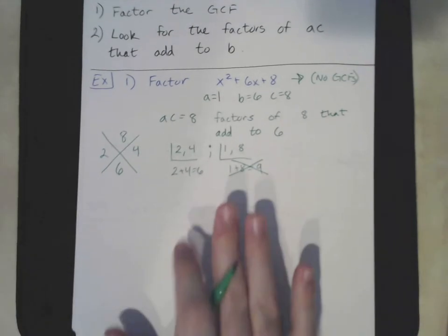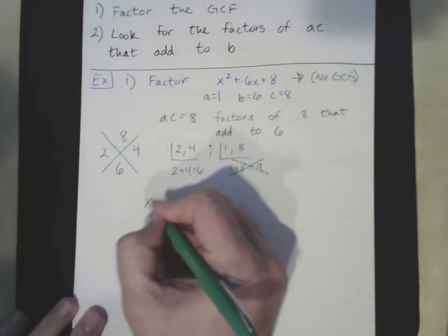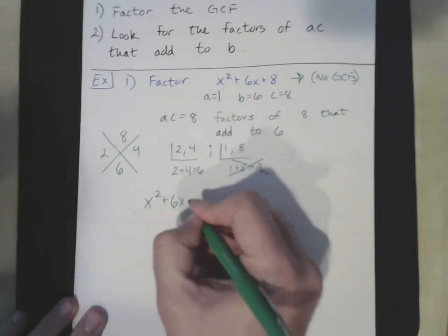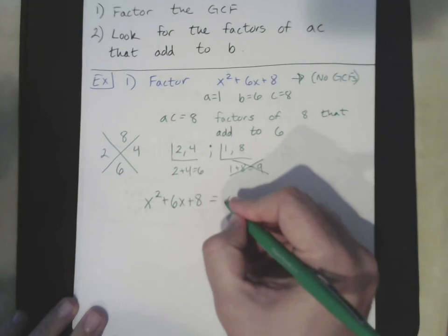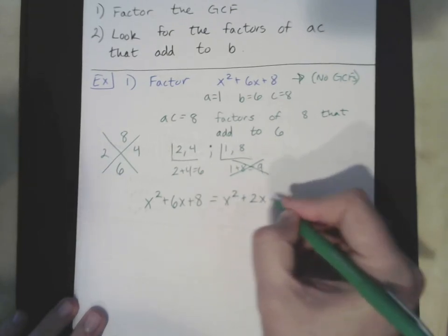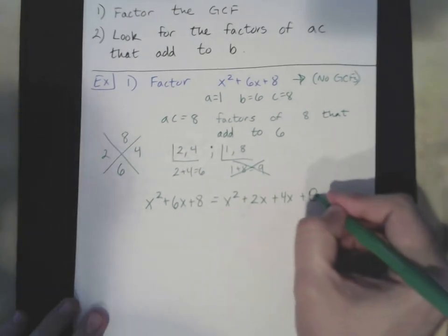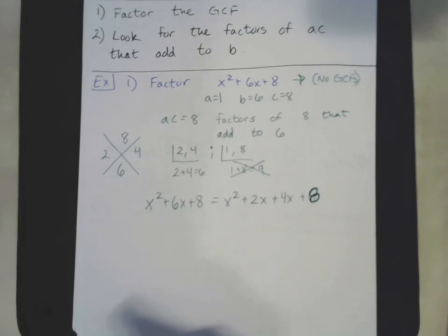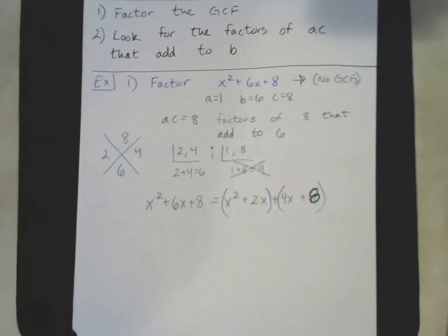So, since we have this, 2 plus 4 equals 6, the next thing we do is we take our x squared plus 6x plus 8, and we're going to split the 6x into 2x and 4x, plus 8. So by splitting this now, we can perform a factor by grouping. x squared plus 2x and 4x plus 8.